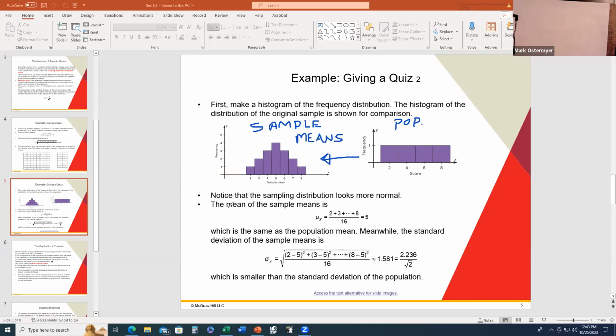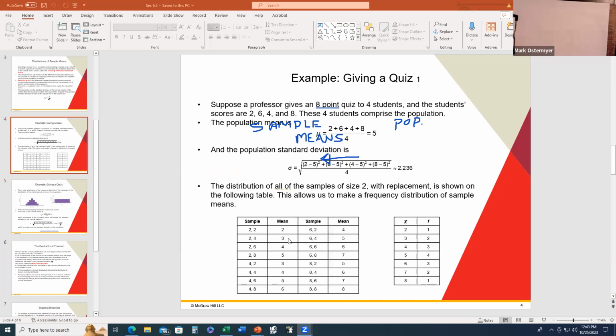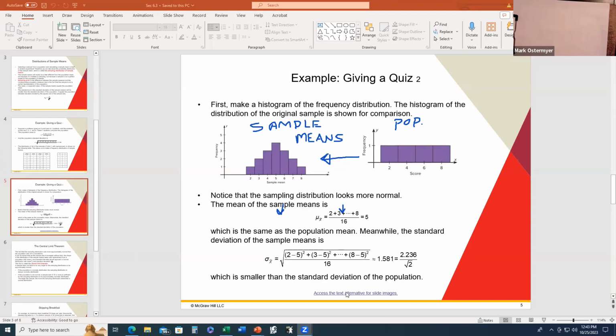Furthermore, ladies and gentlemen, if I find the mean of these 16 sample means, now how do I do that? How do I find the mean of those 16 sample means? I will literally add up all these 16 means, and then I'll divide that by 16. So if I find the mean of all these sample means, what is it?